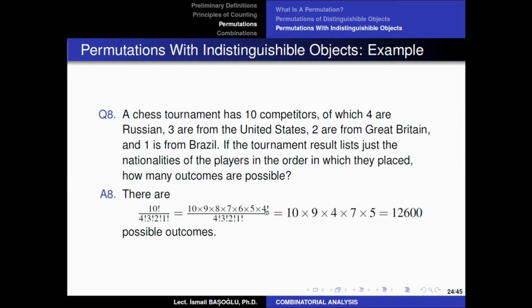We stop the expansion at 4, and after that we have just written 4 factorial. Now that 4 factorial and the 4 factorial in the denominator will simply cancel out. We can cancel out 3 factorial with 6 because it equals 6. And we can cancel out 2 factorial with 8, and 8 becomes 4. Now you can simply multiply the remaining components in this multiplication, and that makes 12,600.